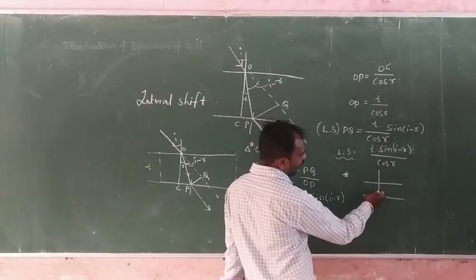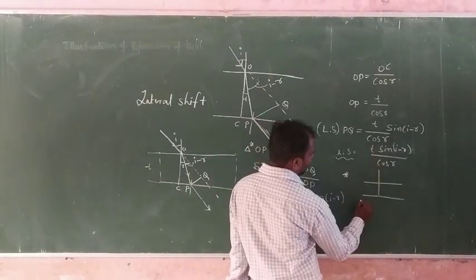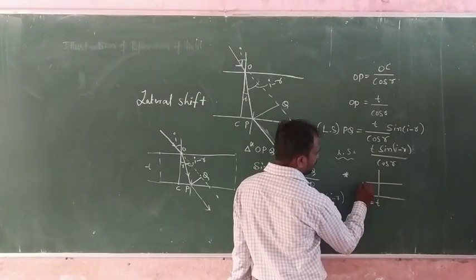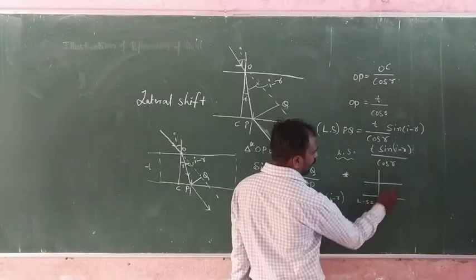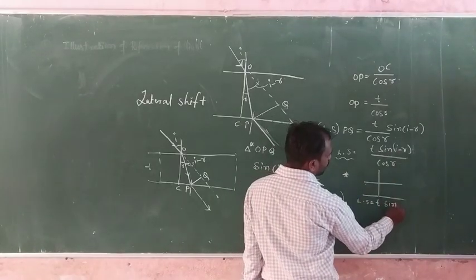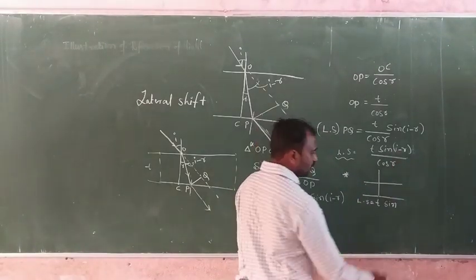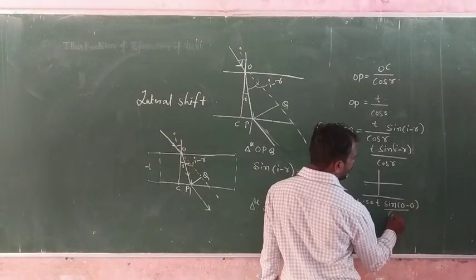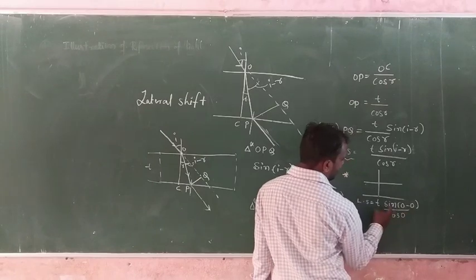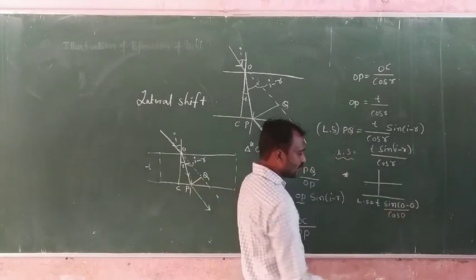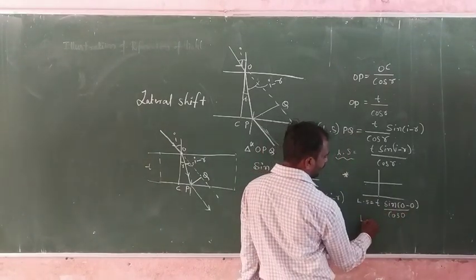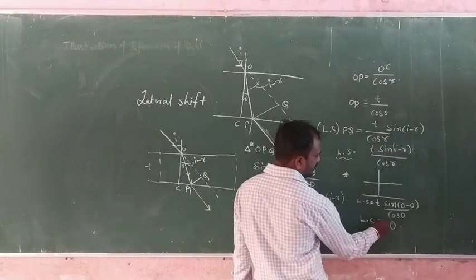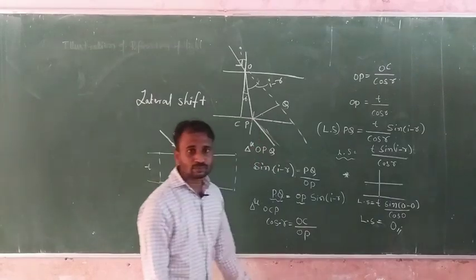So the lateral shift is equal to T, the thickness of the glass slab, into sin of 0 divided by cos 0. Anything into 0 means 0, so we get the lateral shift value as 0.